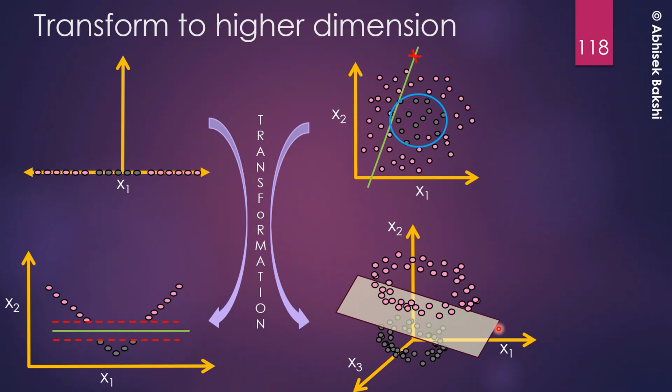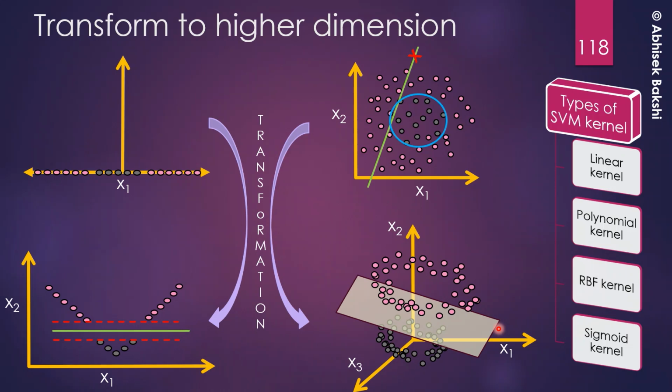And there is a list of kernels: the linear kernel, polynomial kernel, RBF kernel, sigmoid kernel. These are nothing but different types of transformation functions. For example, here the transformation function is square. Here it can be some other transformation function.